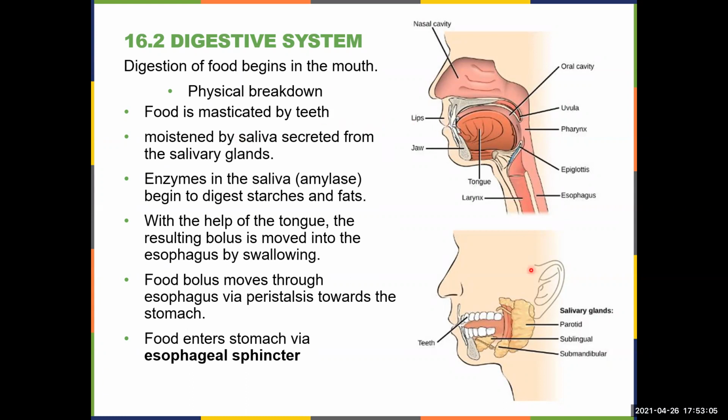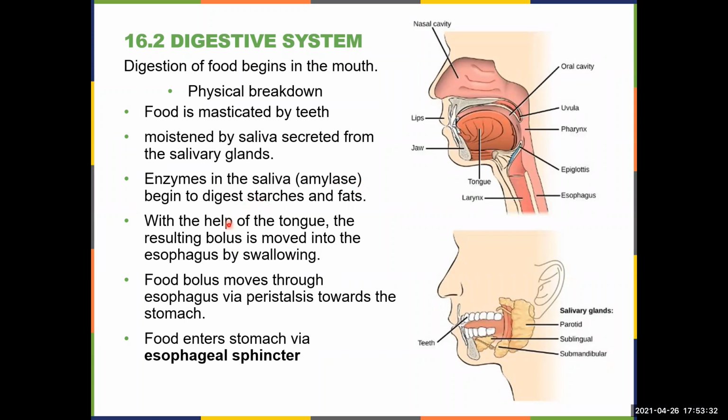And then our salivary glands, which are shown here in this bottom figure, release enzymes in our saliva. One of those enzymes is amylase, and that amylase begins to digest the starches. So starches immediately begin to be broken down when the saliva is mixed with that food.